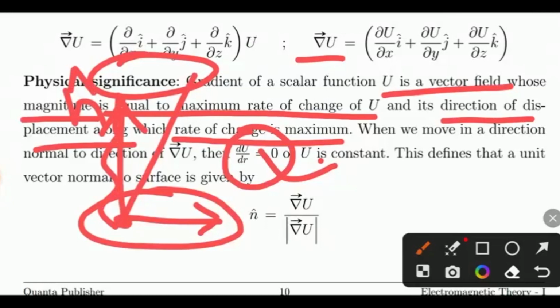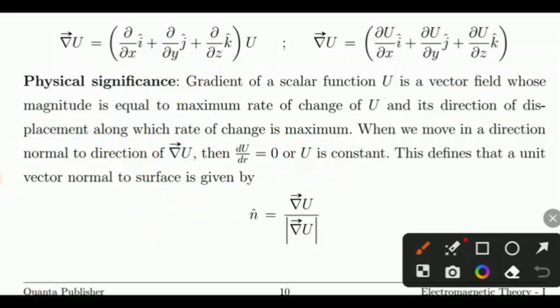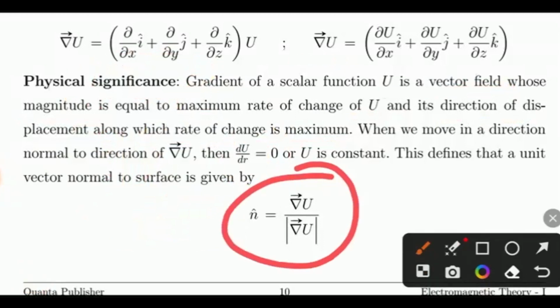So we can define the normal unit vector as del of u, the new vector, divided by its magnitude. By using the concept of gradient, we can find the rate of change along the respective direction.